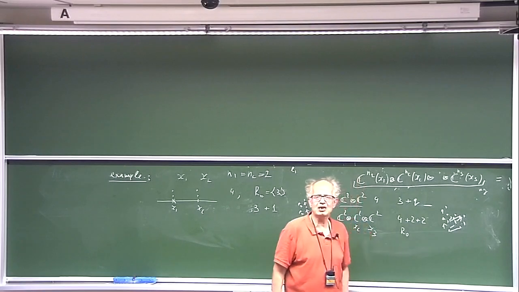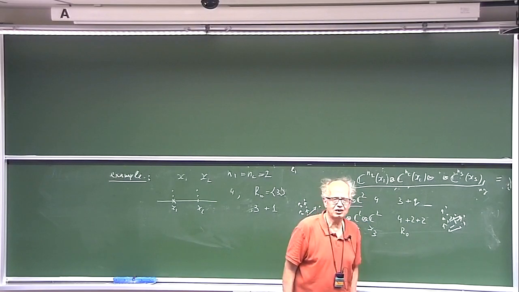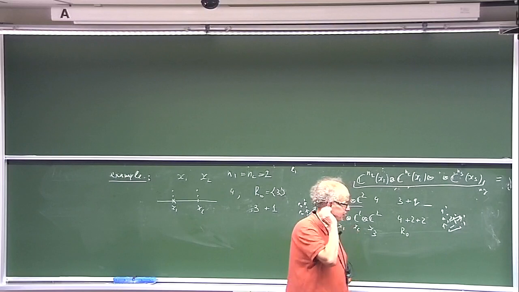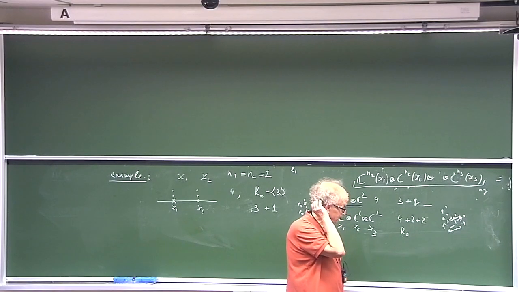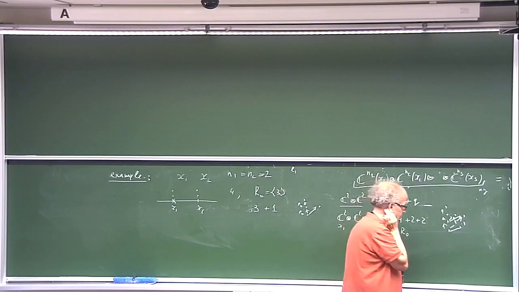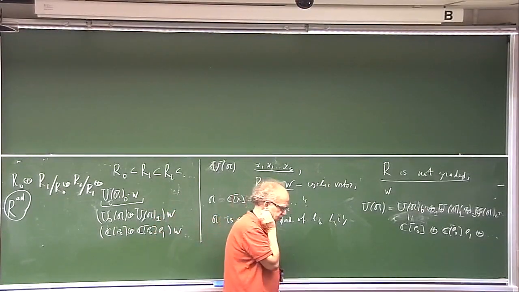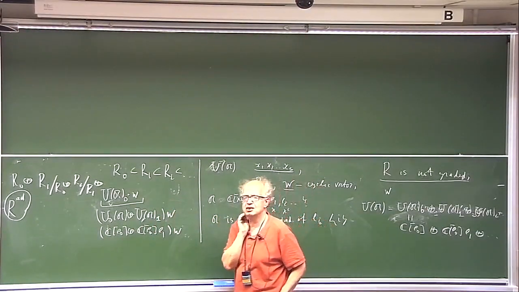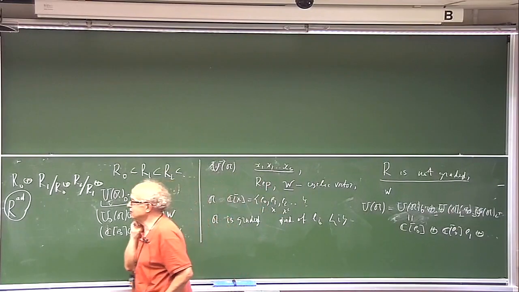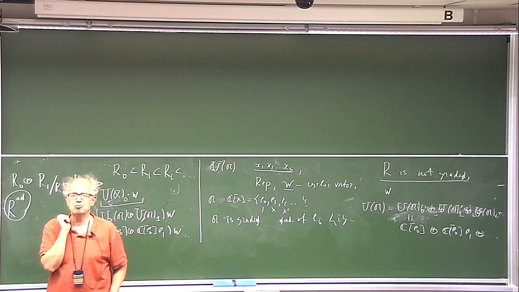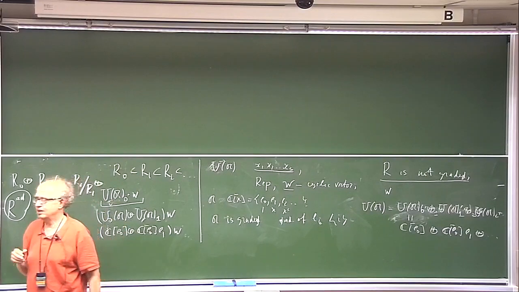No more, only E0, E1, and E2 are acting here and give us such a graded space. And the name of this construction in this case is graded fusion product.